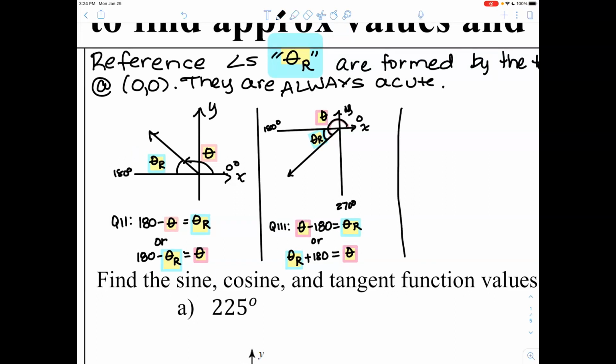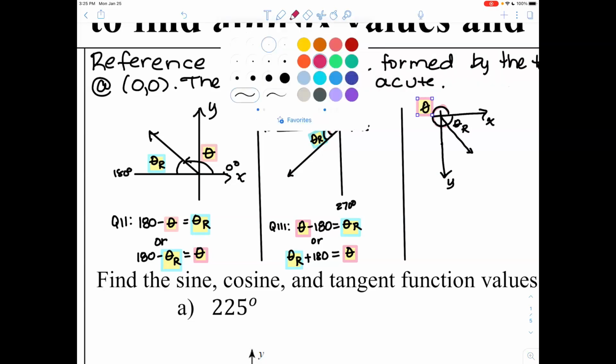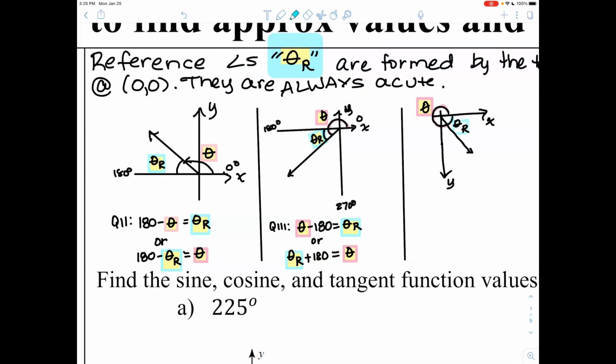In quadrant 4, so we're going to come around and end in quadrant 4. So this would be theta, and so theta's reference angle would be between the terminal side and the x-axis. So I'm going to highlight those. So here's theta. And here's theta's reference angle.